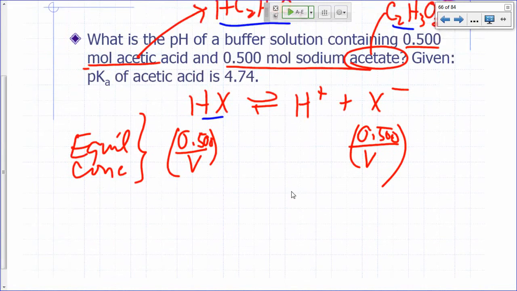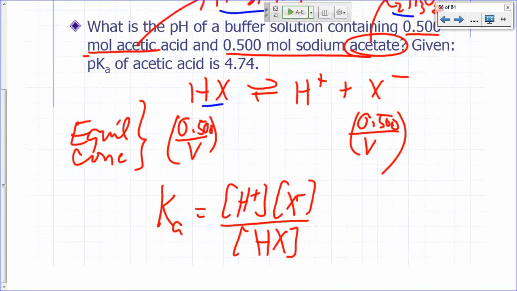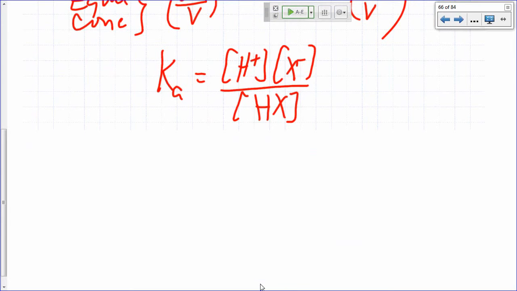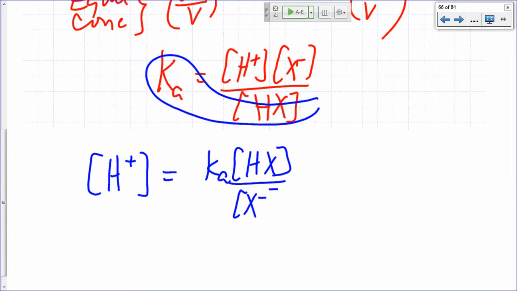So what would be the concentration of H plus? You know that Ka is equal to H plus times X minus over HX, right? So you can solve for H plus if you're interested in the pH. Let's rearrange this: H plus equals Ka times HX over X minus.